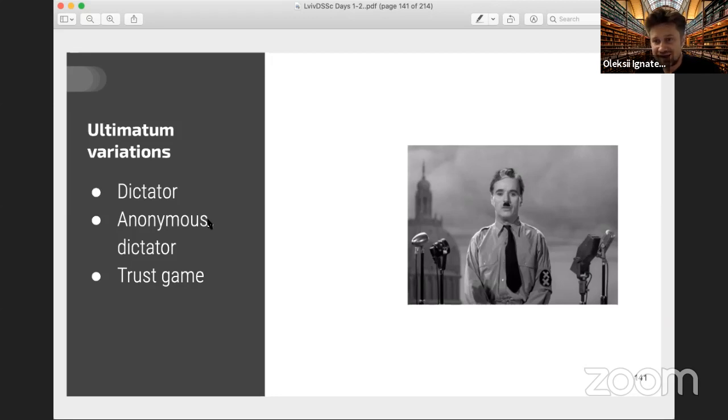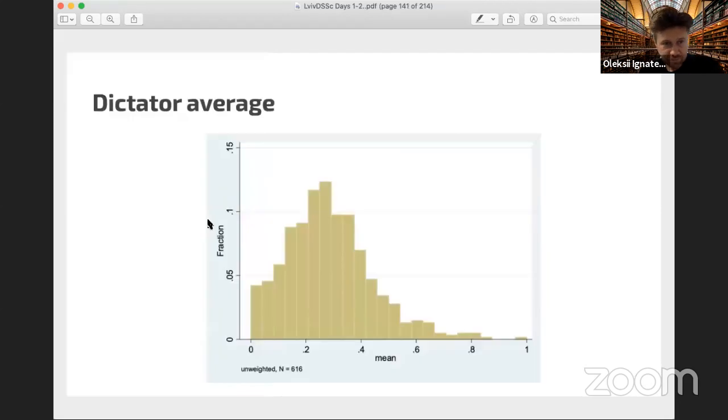So it's a strange game. The first player just proposes a split, and the second player just does nothing. But even in this situation, 30% of players propose a 50-50 split. So it's quite unusual.